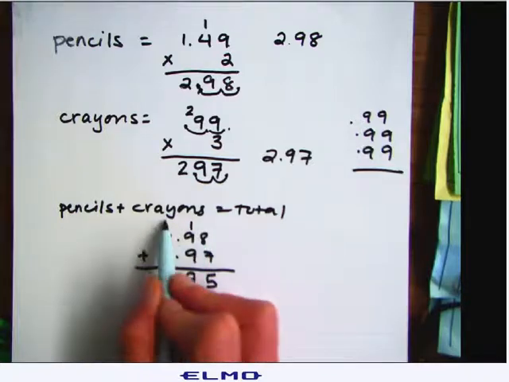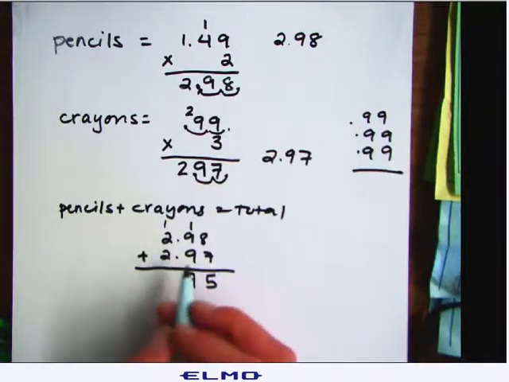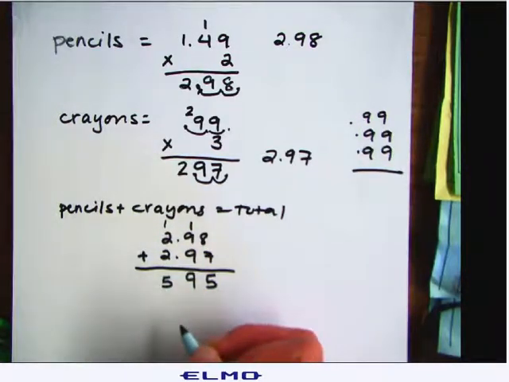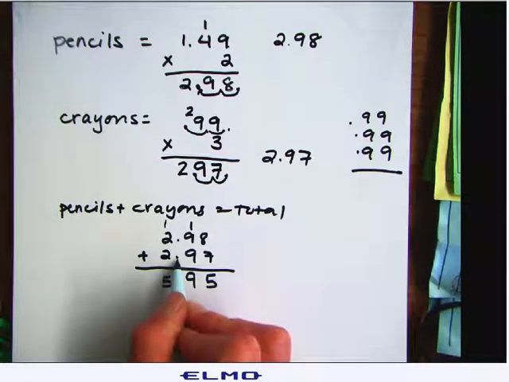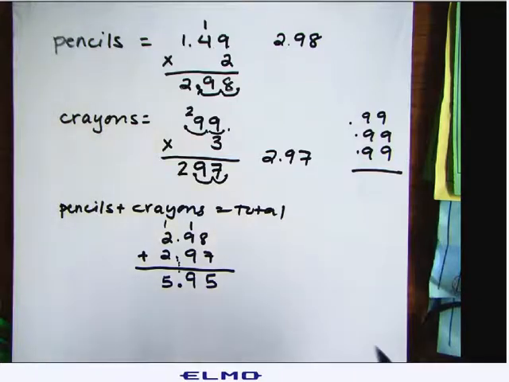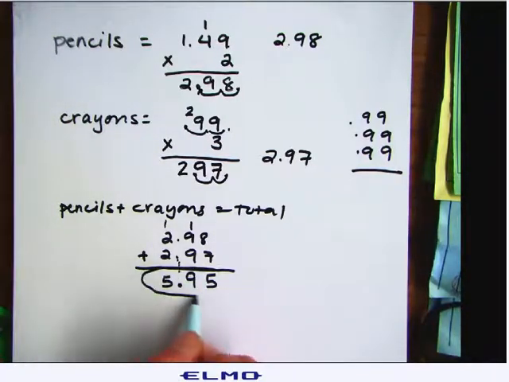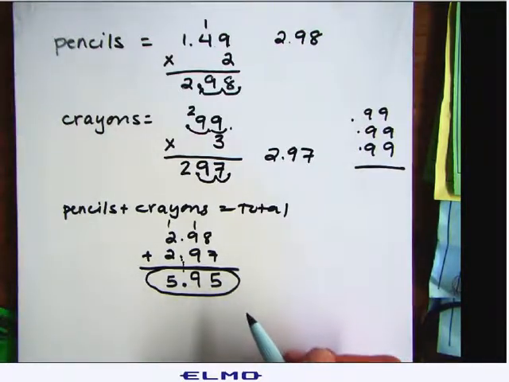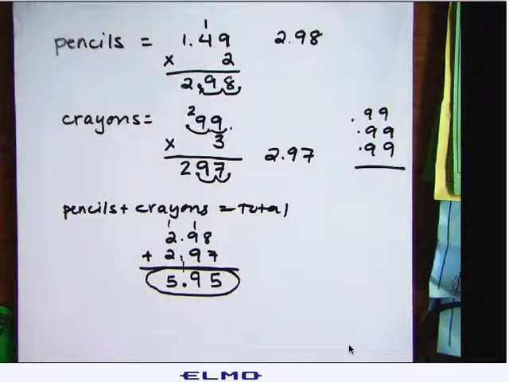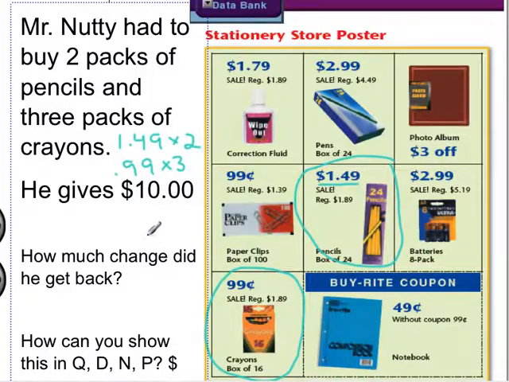Drop the 9, bring the 1 over. 1 plus 2 is 3, plus 2 is 5. Remember with addition and subtraction with decimals, you just bring the decimal straight down. So oh, there it is, $5.95. So this is what he paid, or this is what the total was, I'm sorry. $5.95 is the total for the 2 boxes of pencils and the 3 boxes of crayons. So that's the first part to our problem.